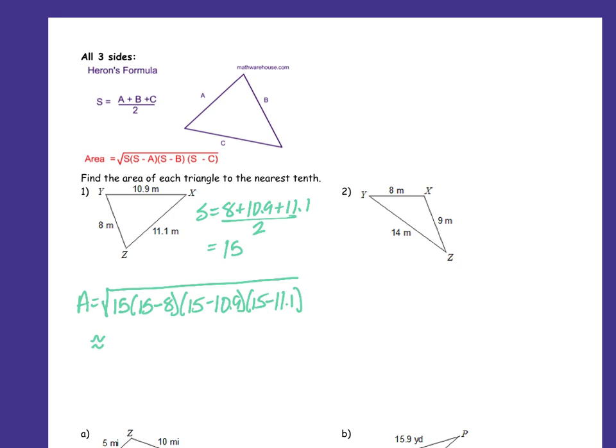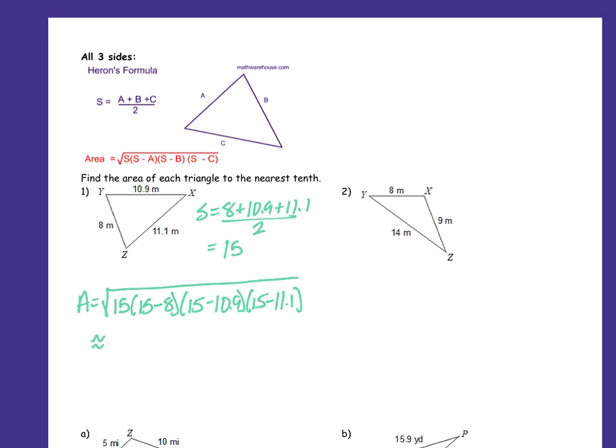So square root of 15 times 15 minus 8, parenthesis, 15 minus 10.9, parenthesis, 15 minus 11.1, parenthesis. 40.9, rounds up to 41.